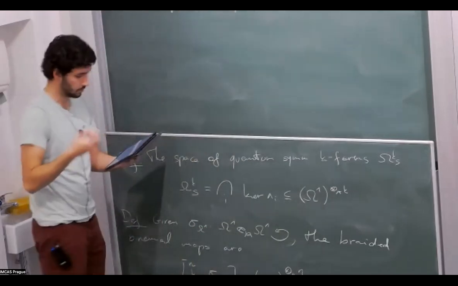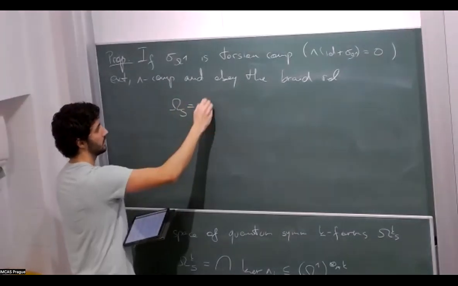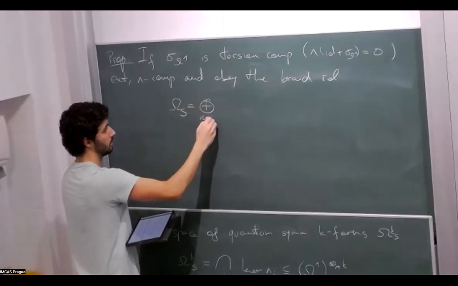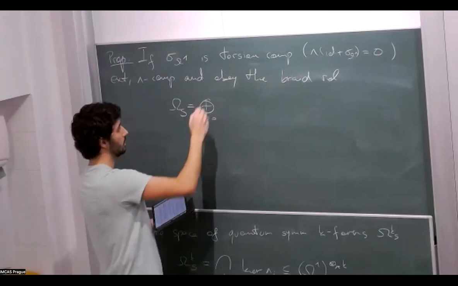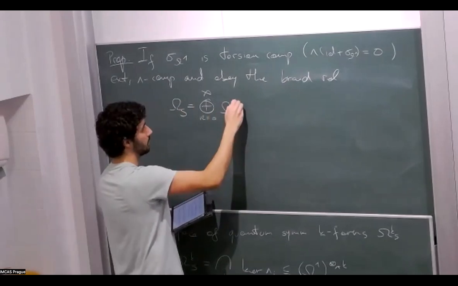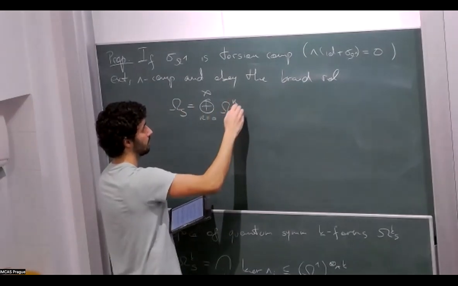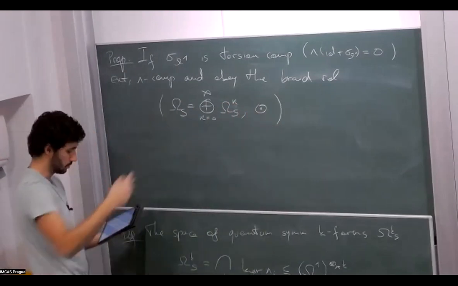So then we can build an algebra, which is omega s, as the direct sum from n equals 0, where the 0th degree is just the algebra A itself, until infinity, of omega k s. And this product I just write as a circle with a dot.